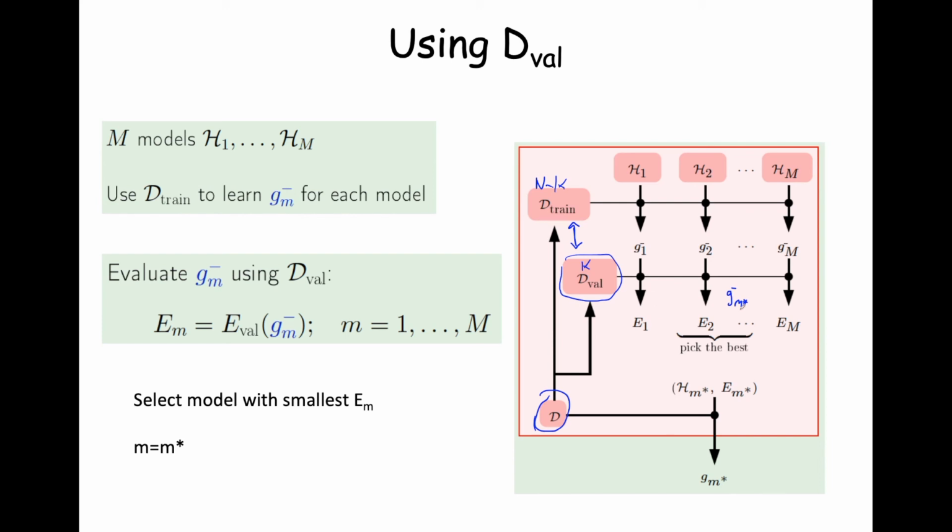And again, E1 is the validation error for H1, our limited final best hypothesis g1 minus, and EM is the error estimate for out-of-sample performance for g M minus.